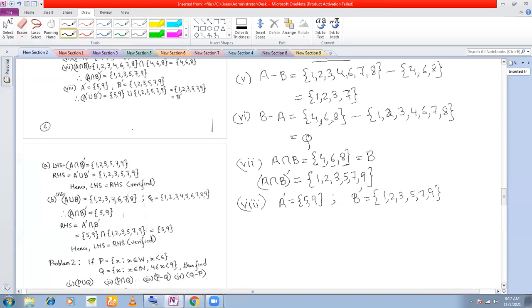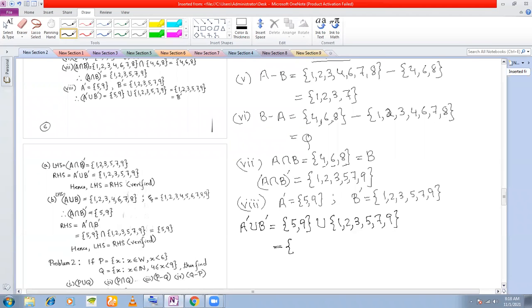Okay, so we are required to find A complement union B complement. So A complement 5, 9 union B complement. Now if you see, you have to write elements of A complement or B complement or both.